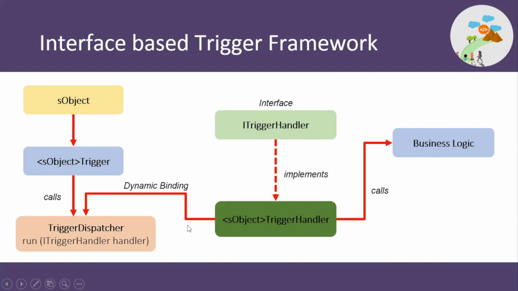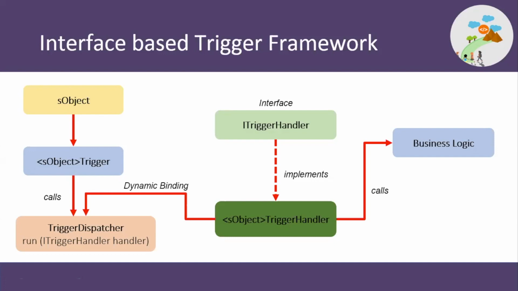Okay. Now, there is this dispatcher piece which I will come to, but the dispatcher is really used in orchestration over here, right? And then there is a dynamic binding piece. Now, this particular pattern uses one of the aspects of object-oriented programming, which is inheritance. So what you're typically doing is implementing the interface, and by implementing this trigger handler interface, you are inheriting the methods, and you're providing a clear definition to those methods, right?